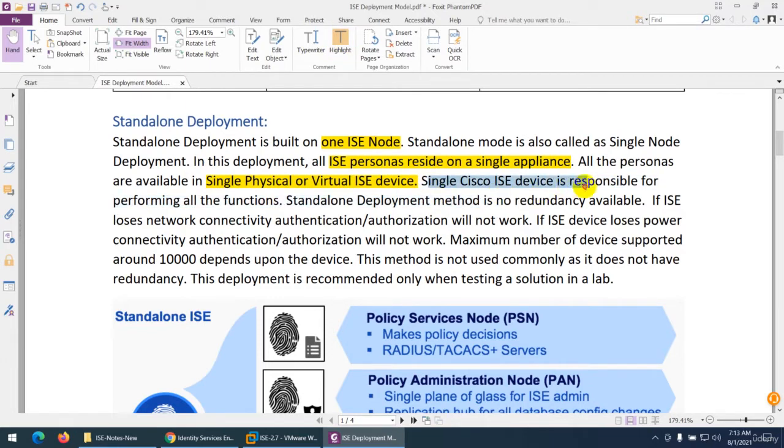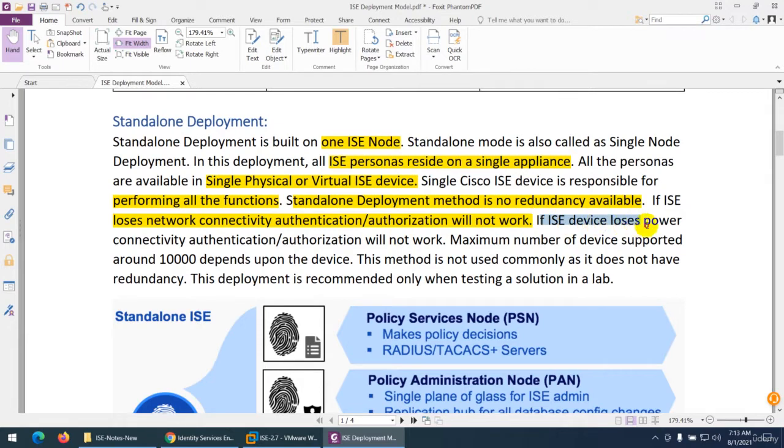And this single box device is responsible for performing all the functions, all four personas. In the standalone deployment method, there is no redundancy available. Yes, for sure. If you lose connectivity, there will be no authentication and authorization. Definitely, because it's a single box. If the box is not available, definitely you will be disconnected.